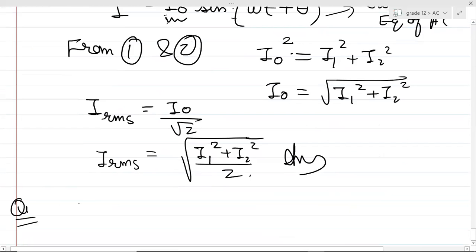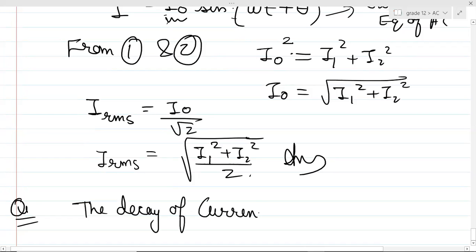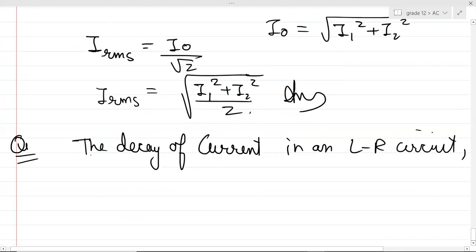Do you remember the decay of current in an LR circuit? I'll write the formula as well.